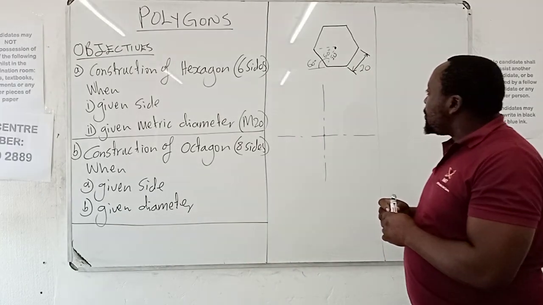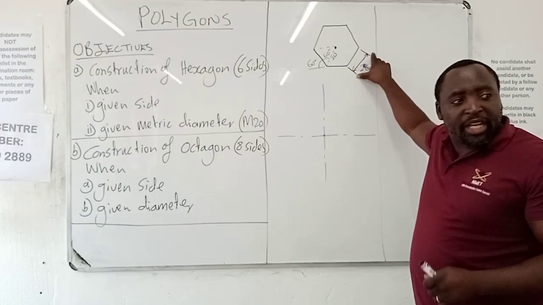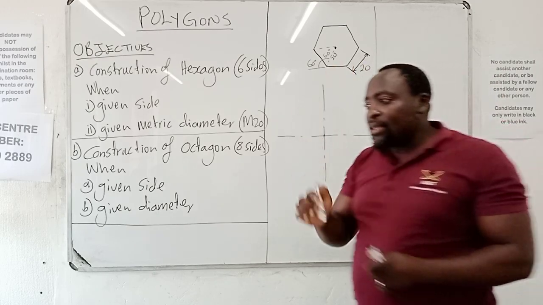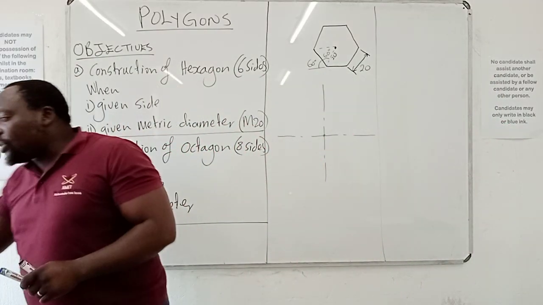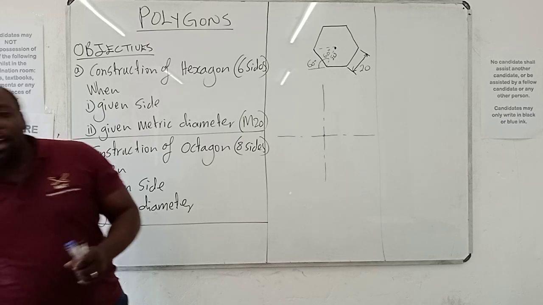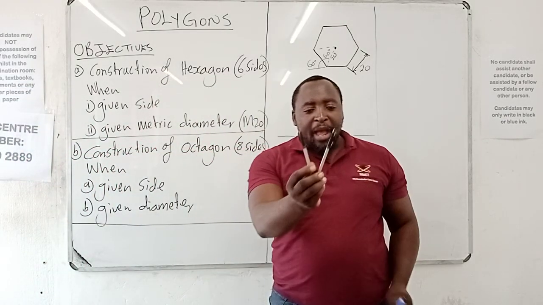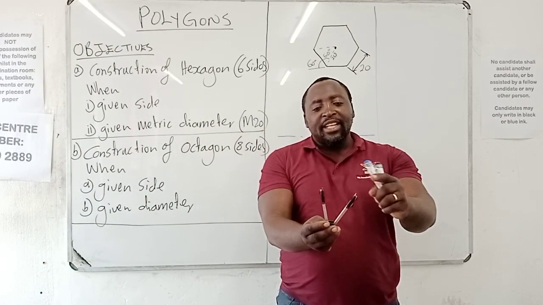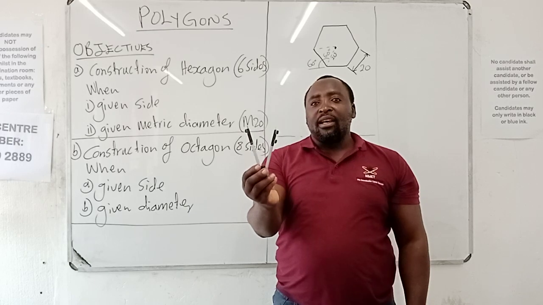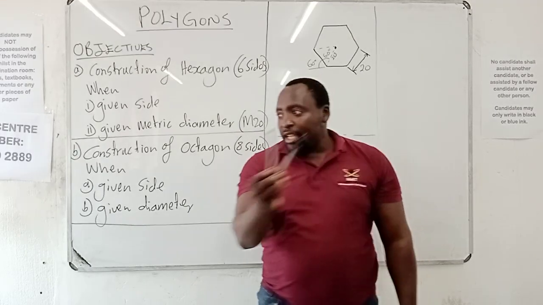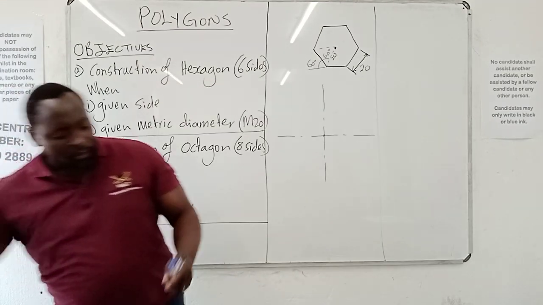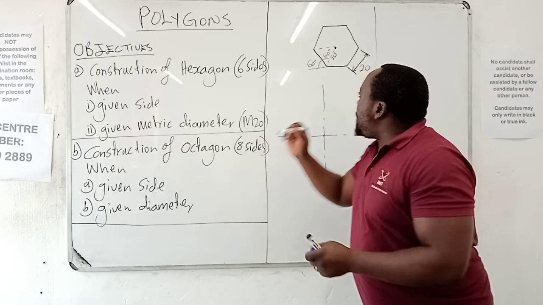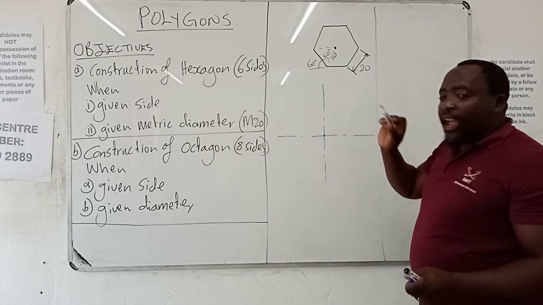So what you do, open your compass 20. Take your compass. When I talk of a compass, by now you should know, this is a compass. Open your compass. One side is sharp, another side is a pencil. Open a compass 20. When you open a compass 20, draw a circle.